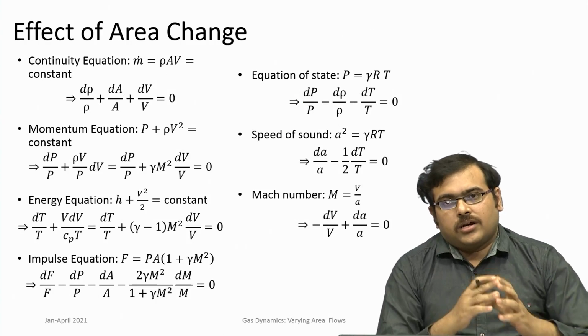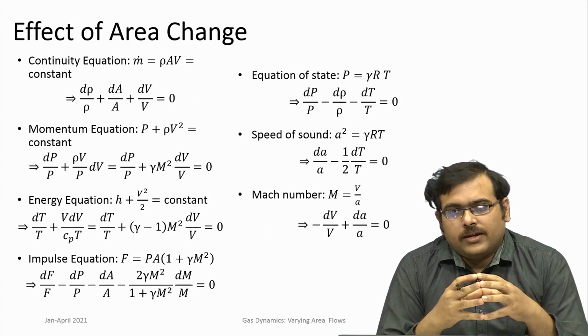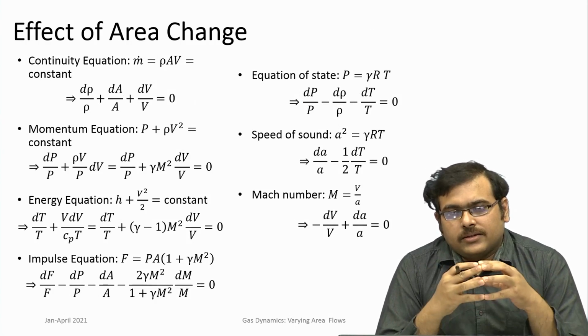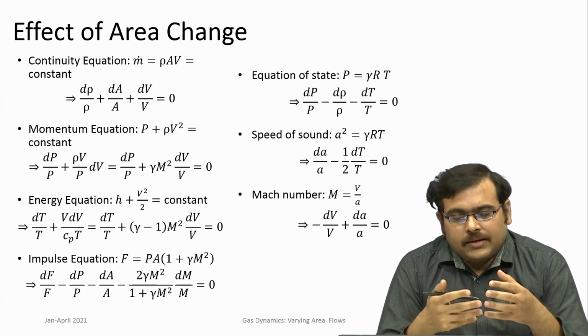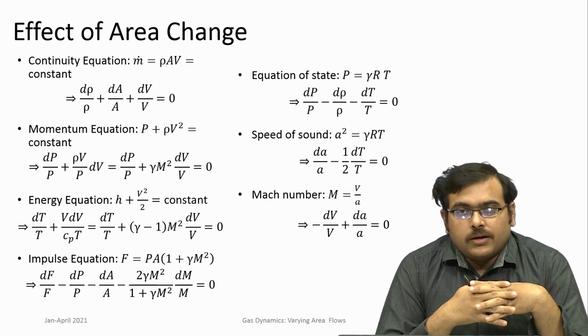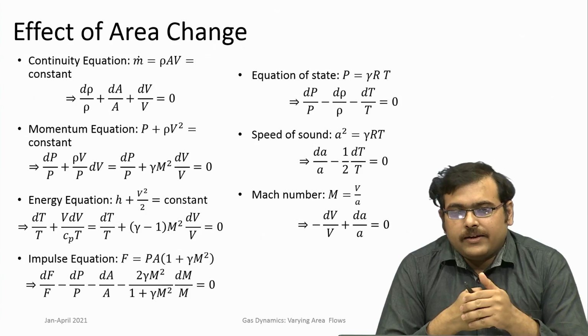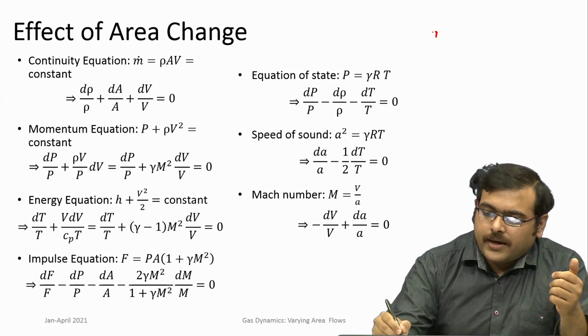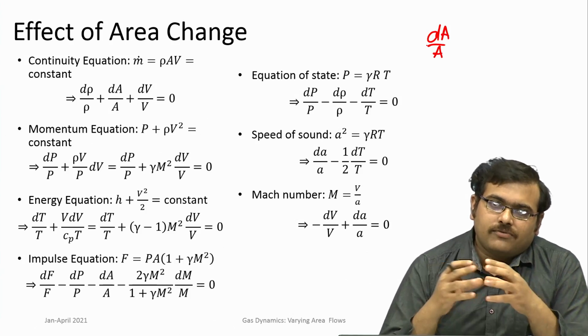Now let us look at the sum total of all the things. In a varying area duct there is change in velocity, and change in pressure, temperature, density. So we can look at all the equations together, with dA by A, basically the area change, as a forcing function.